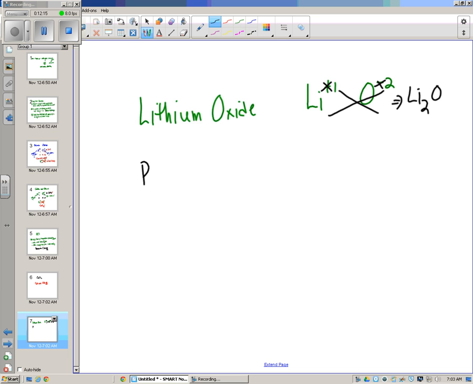How about potassium nitride? Okay, first thing we do, we write down the symbol for the metal cation and the nonmetal anion. We know that potassium's in group 1, so it has a +1 charge.